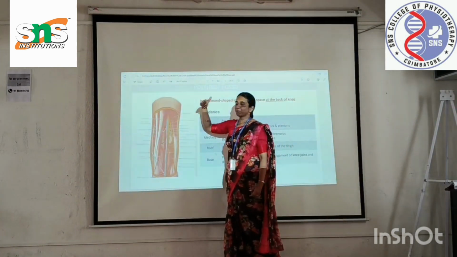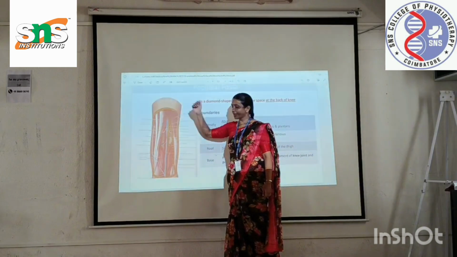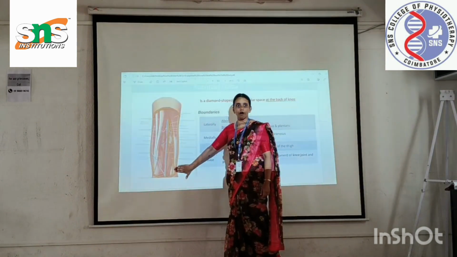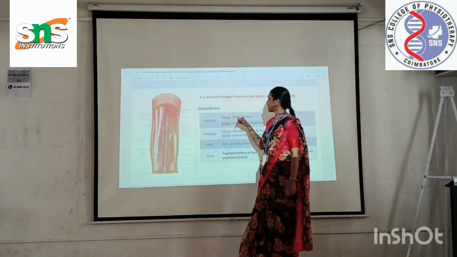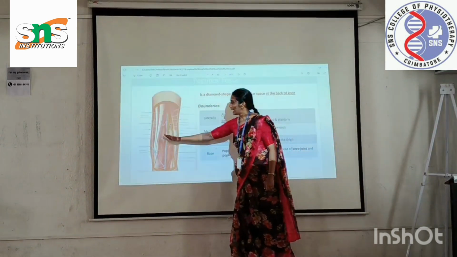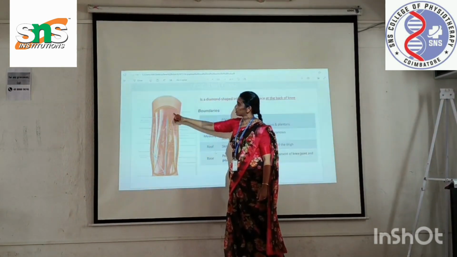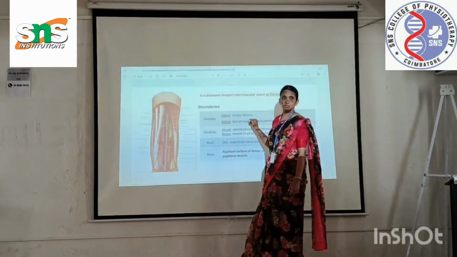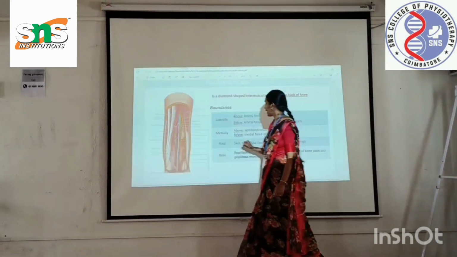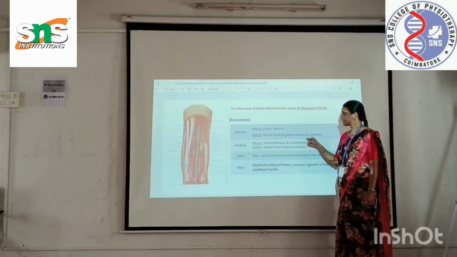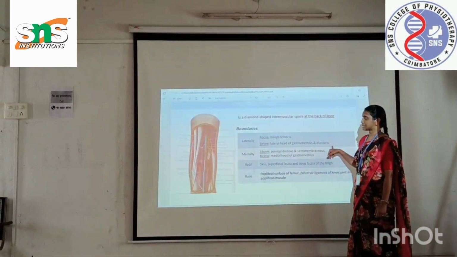You know the muscles of the back of the thigh and the muscles of the back of the leg. So the back of the thigh has the biceps femoris. Laterally above is the biceps femoris. Laterally below is the lateral head of gastrocnemius and the plantaris muscle.